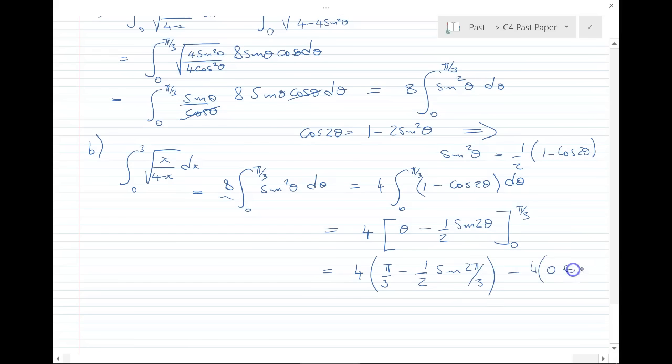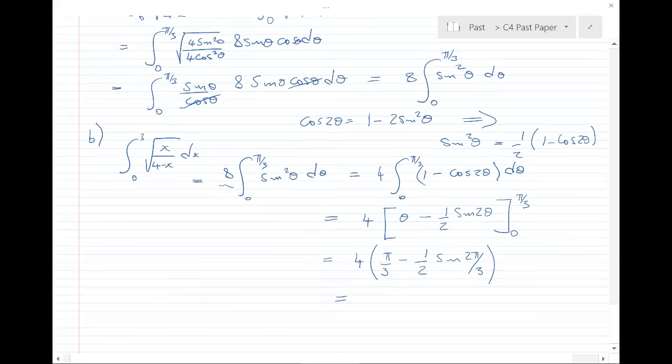This other bit, I don't bother with that. What's the point? So that sine 2 pi by 3 is equal to square root of 3 over 2. So that's 4 times pi by 3, take away a half, square root of 3 over 2, which is the square root of 3 over 4.